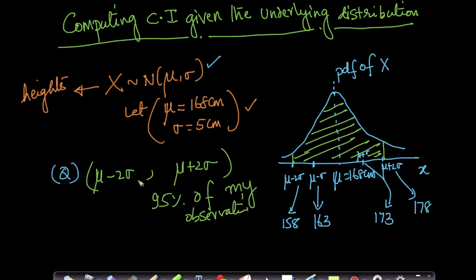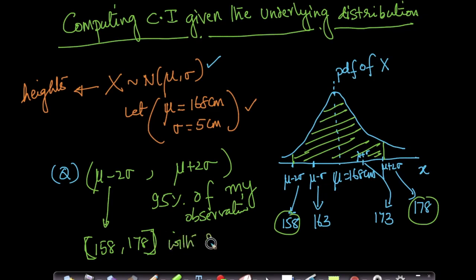So mu minus 2 sigma is nothing but 158, which I just got from here, and mu plus 2 sigma is 178. So I can say that the heights of people lie between 158 and 178 centimeters with 95% probability. This sounds very much like a confidence interval statement.